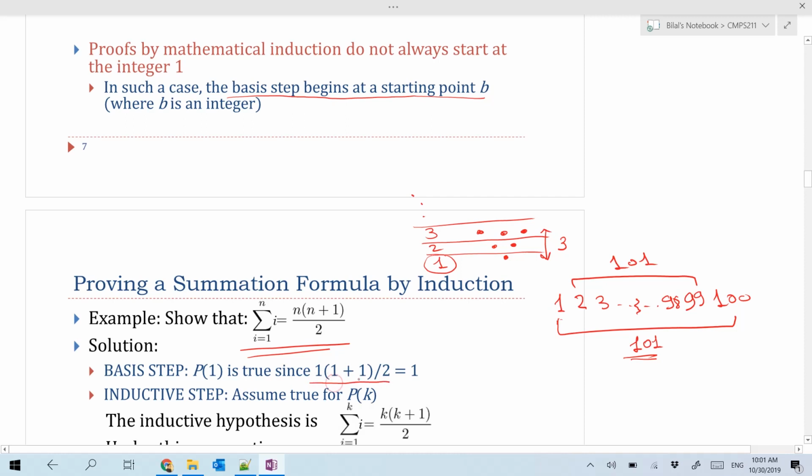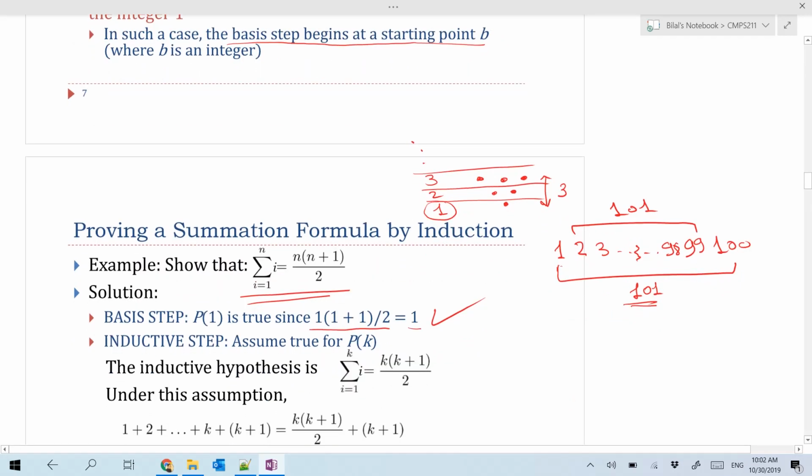If we do the math, this gives us actually 1 times 2 over 2, which is finally 1. And the summation of all the numbers up until 1 is equal to 1. So it seems that this property is true for 1. But is it true for any other integer?